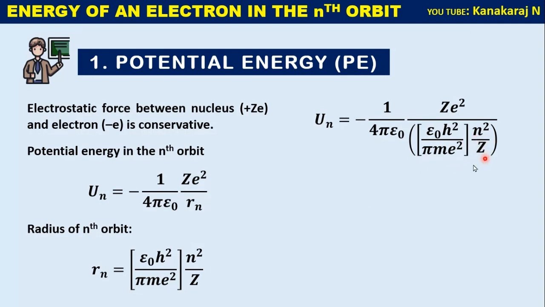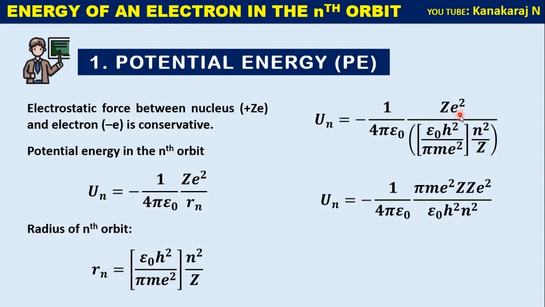Good. So the same term has been rewritten as epsilon n equals minus 1 upon 4 pi epsilon naught. Let us bring pi m e square Z to the numerator, multiply Z square. Then we have epsilon naught h square n square in the denominator. When we simplify this, one pi gets cancelled.